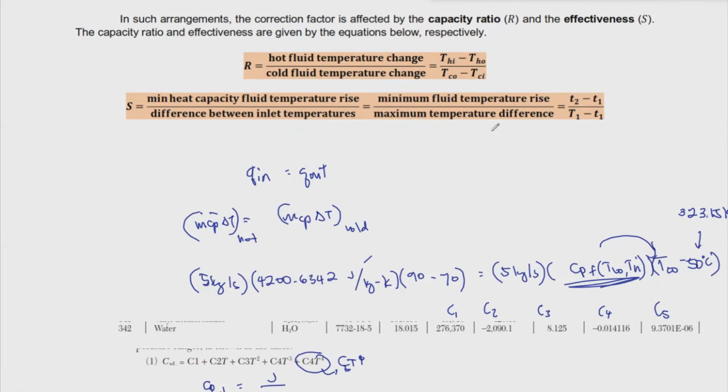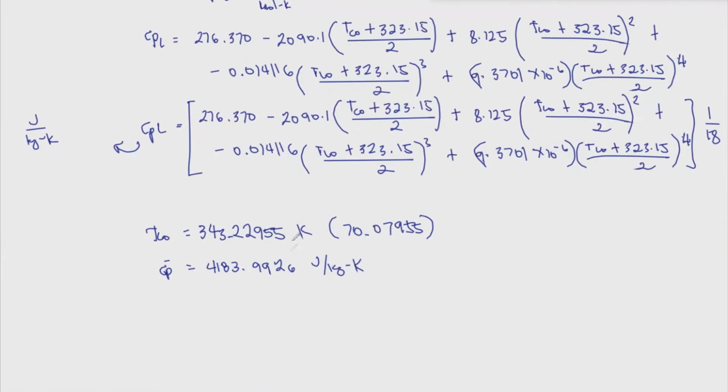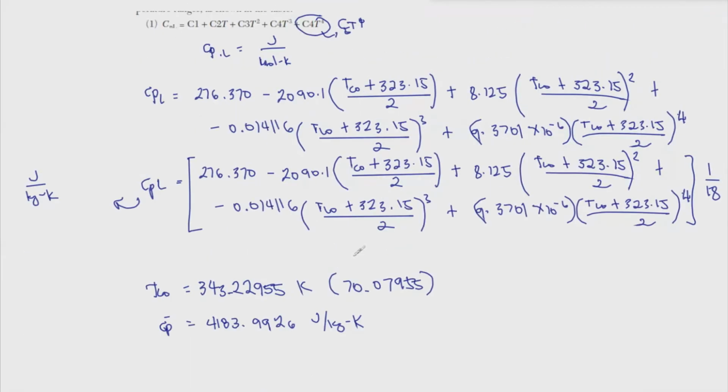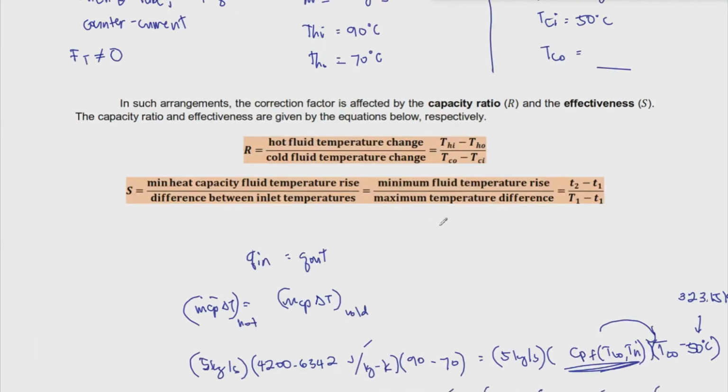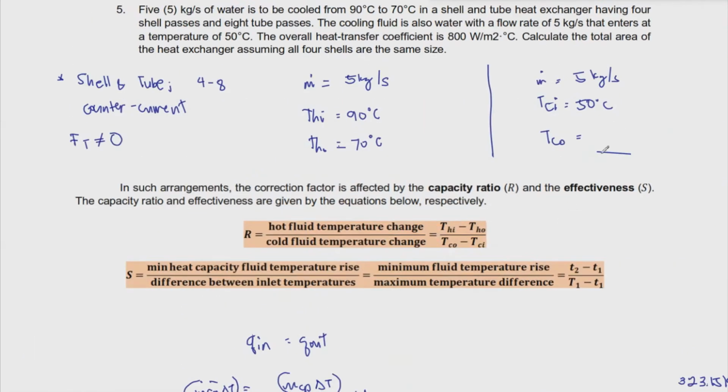So with that, knowing all our temperature profile for this case, we know that TCO is equal to 70.07, you can just use 0.07955.